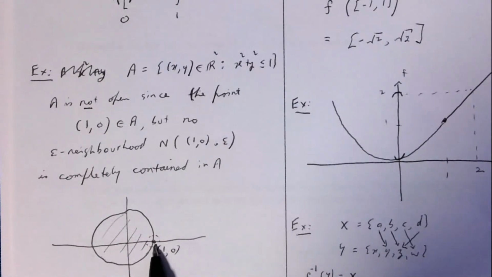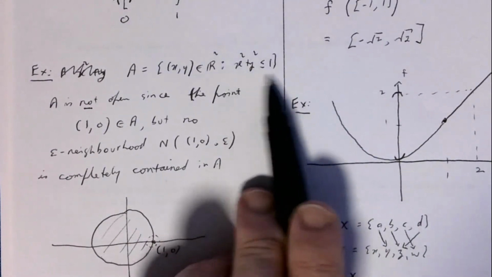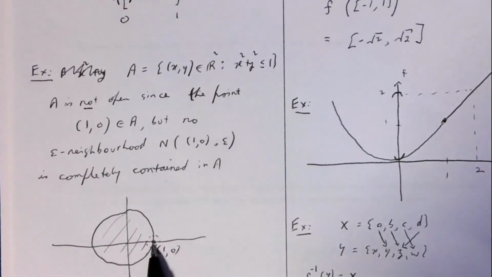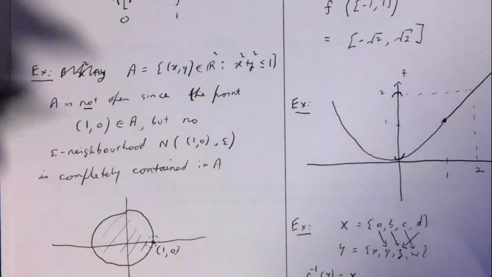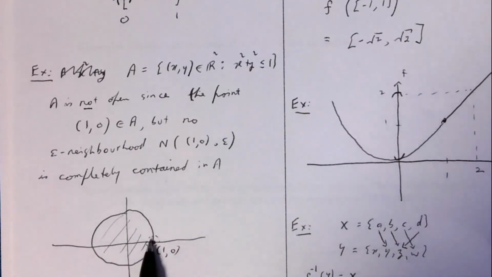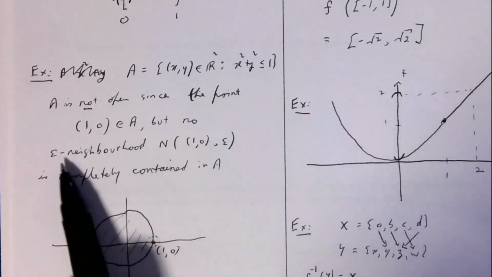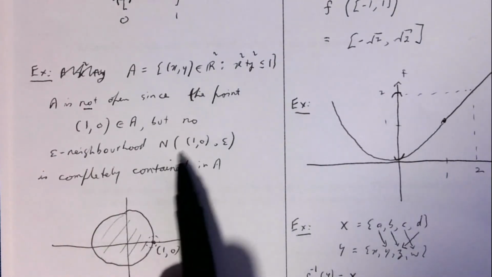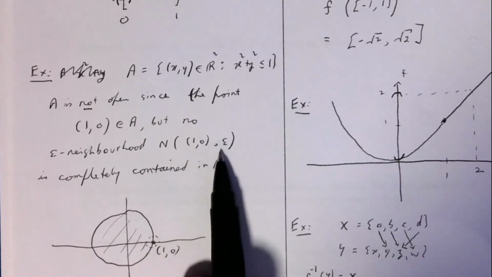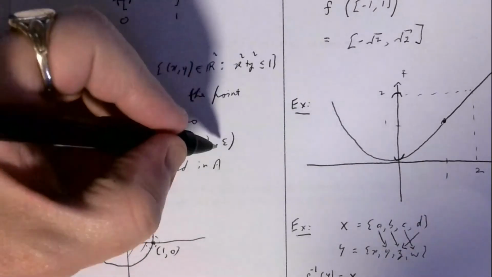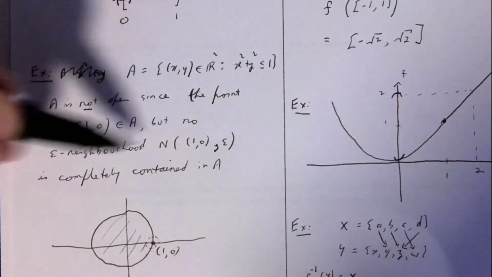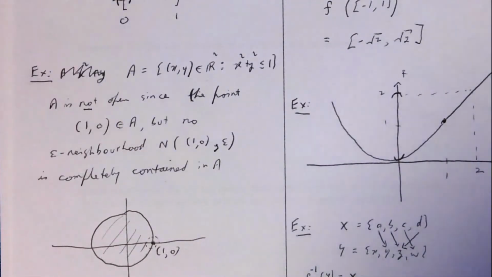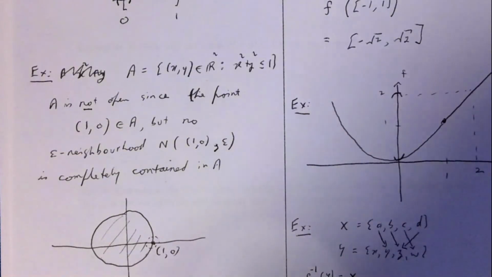This belongs to A, it satisfies the condition, but as soon as you draw an epsilon neighbourhood around here, then you're going to move outside of the set. So no epsilon neighbourhood N of the centre (1, 0), radius epsilon, is completely contained in A. So that set will not be an open set.